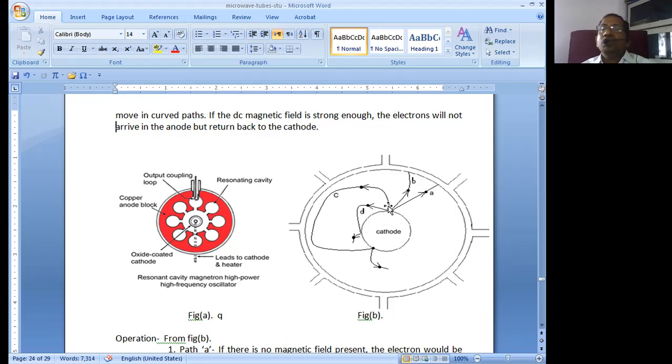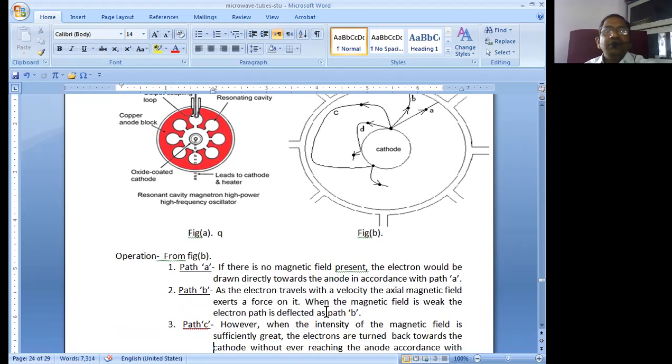It should not be too high than the critical magnetic field, and it should not be too low than the critical magnetic field. Under that particular condition, it is going to generate the oscillations, because we are able to pick those oscillations from the anode terminal. So that is the basic concept.